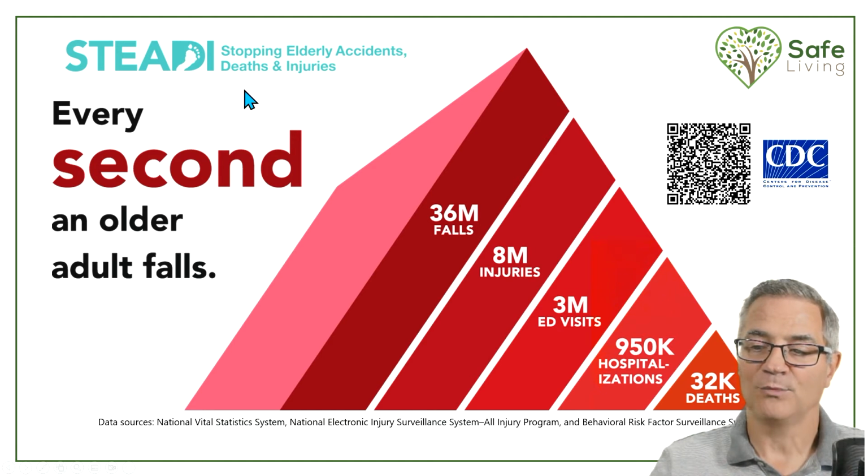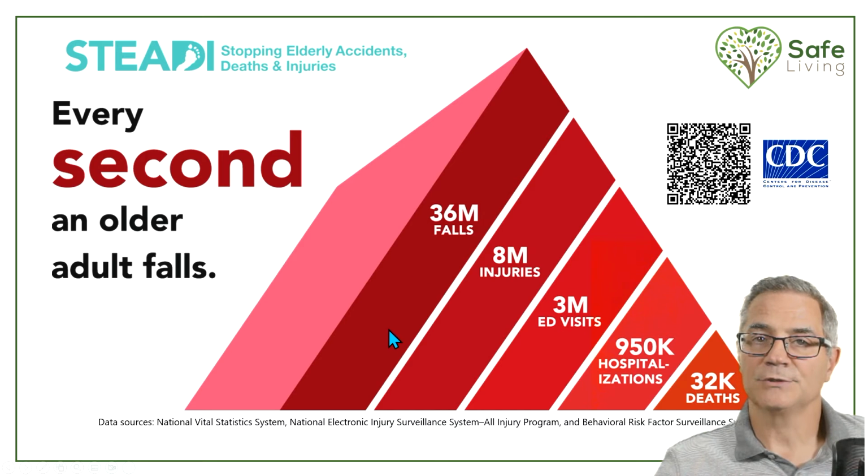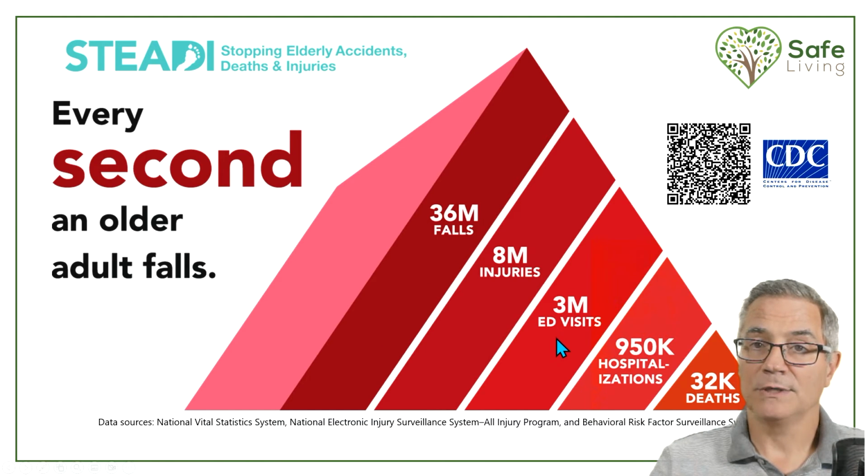It's really valuable. Every second, an older adult falls: 36 million falls a year, 8 million injuries, 3 million emergency doctor visits, 950,000 hospitalizations, which result in 32,000 deaths. So is this something that we can be proactive on by making some modifications in our homes?